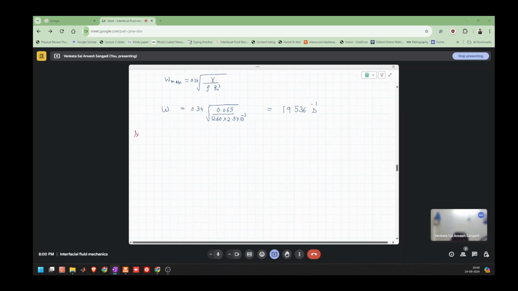For solution 8, we have the same parameters, and for the same parameters the filament breaks into droplets.